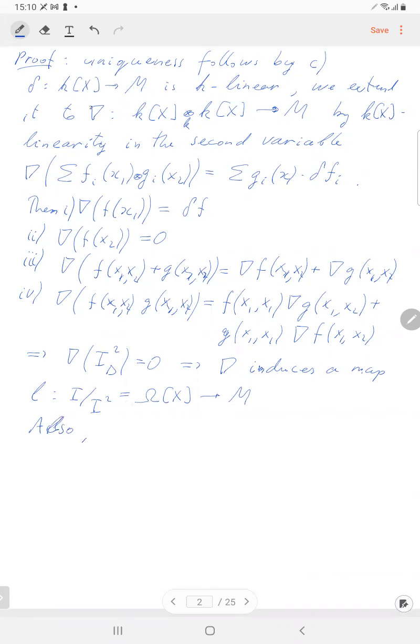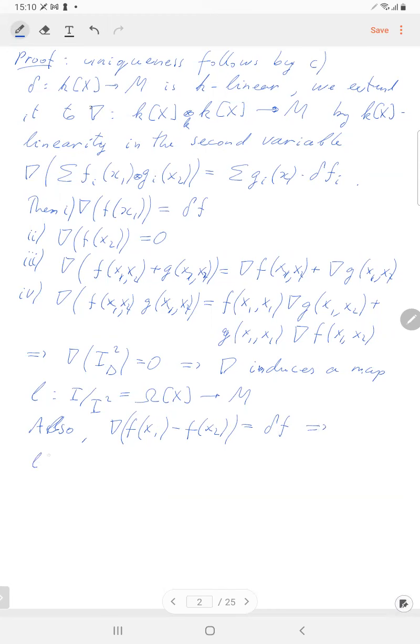Also, we know that nabla of f of x1 minus f of x2 is delta f, and hence this L is compatible.